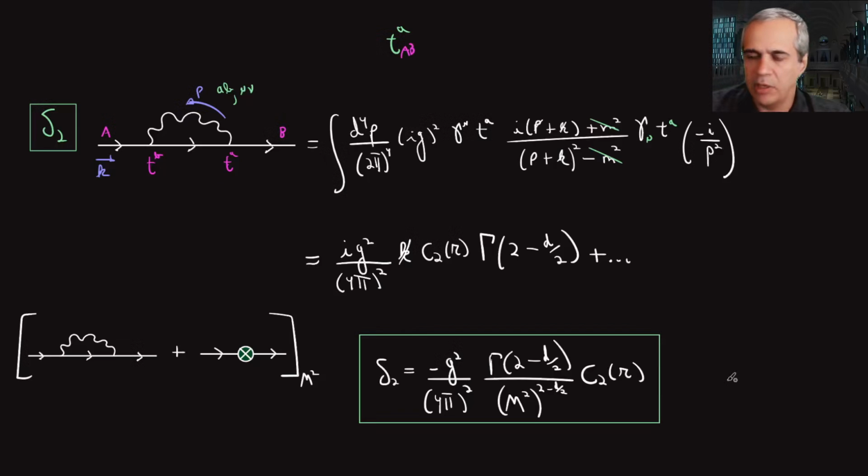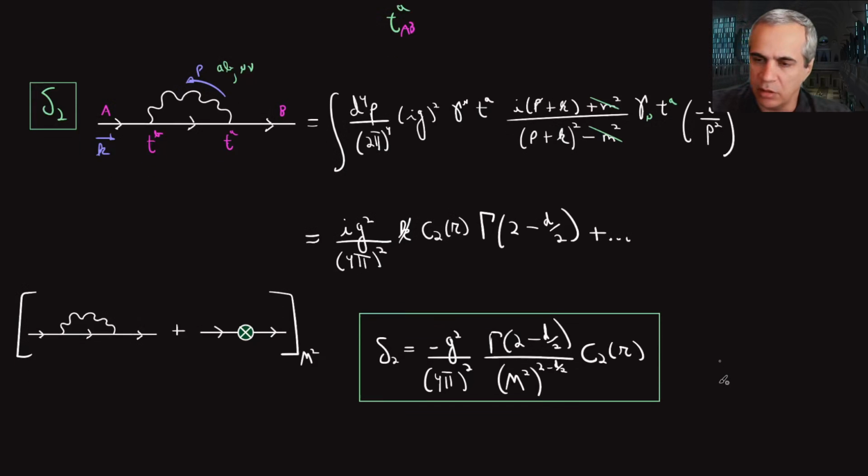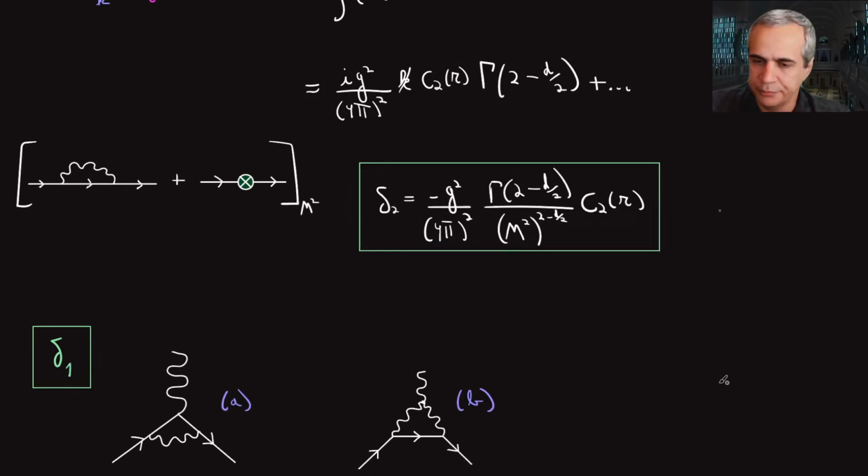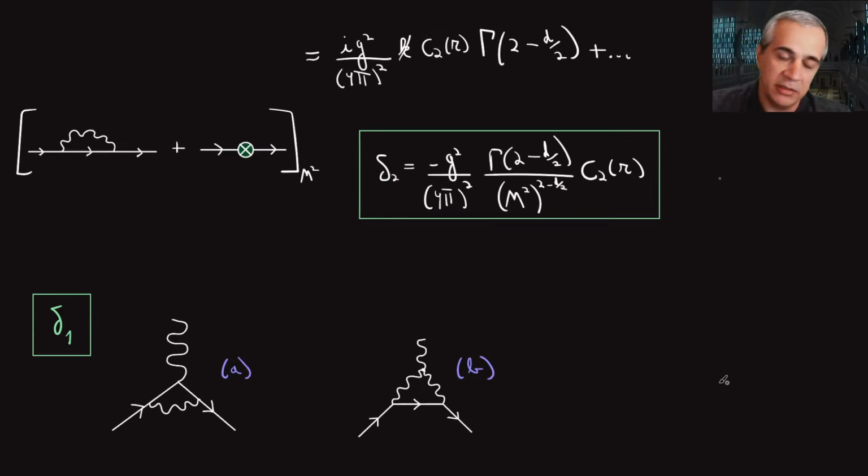Now we can move to the calculation of delta 1, right? Which is the counterterm for the vertex, right? And these are the two one-loop contributions to the 3-point function, to the vertex itself.